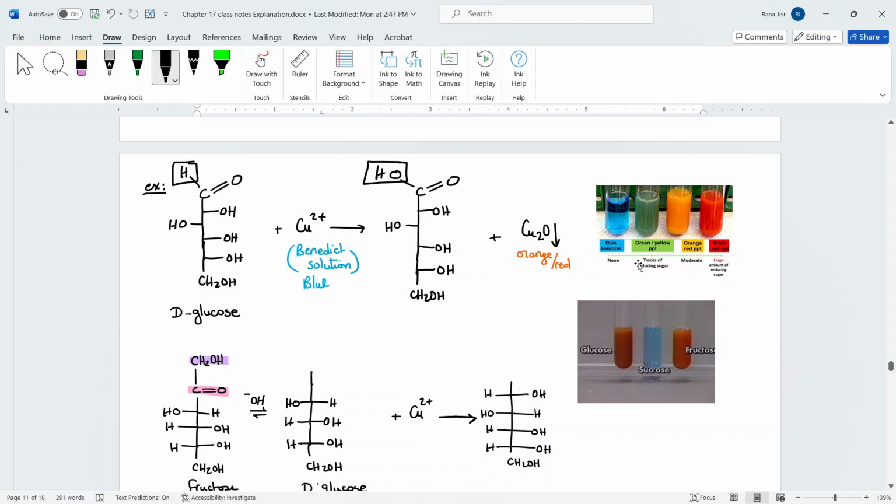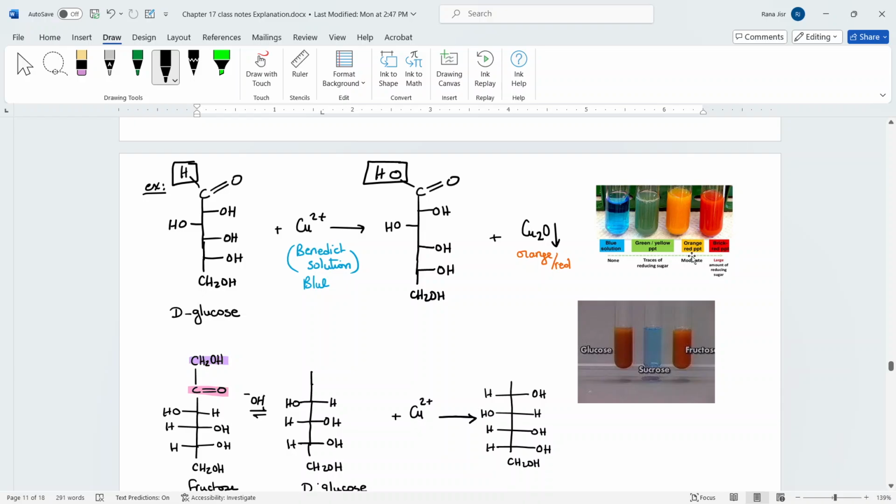There are different colors that you might form depending on the amount of the reducing sugar that you have. Let's say, for example, you start with a monosaccharide and you get a blue solution. We know that the Benedict solution is already blue, so if your color remains blue, this means that you don't have a reducing sugar. There is no reaction. On the other hand, if you get a green and yellow precipitate, this means that you have traces of reducing sugar.